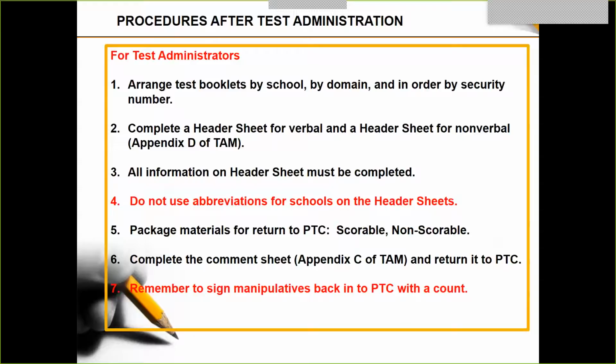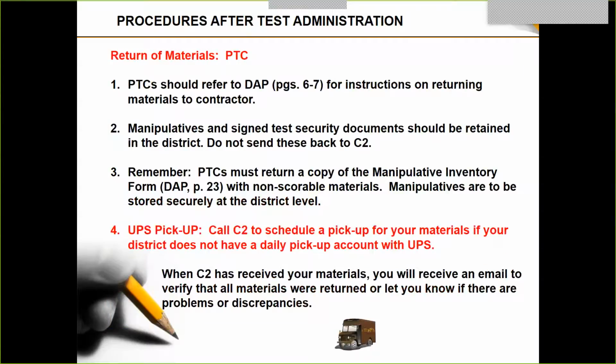Also, for the package materials for return, you return scorable and non-scorable, including scratch paper, that sort of thing. Remember to sign the manipulatives back in with a count after they're used. Also, for returning materials to the contractor, there are specific instructions for doing that.